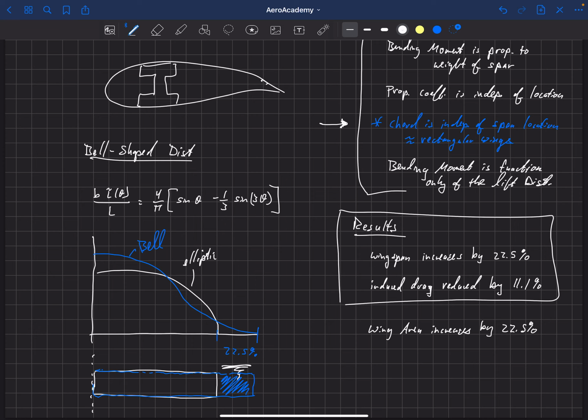Our wing area increased, and so that means that the wing loading, which is the weight divided by the area of the wing, has reduced, because S is in the denominator, and this is S here. It's reduced by about 18.4%. So that reduces our wing loading by 18.4%.